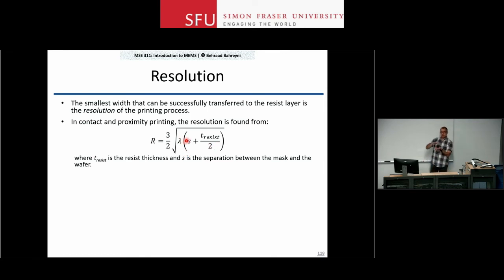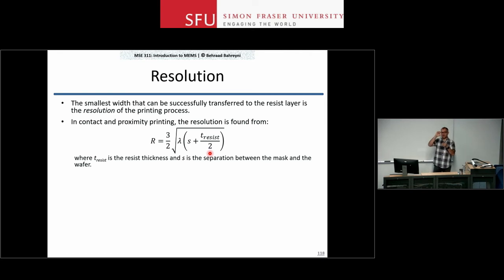S is the separation between the mask and photoresist layer. So if it is contact printing, you set S to 0. If it is proximity printing, you put it to whatever that separation is. And T resist over 2 is the thickness of the photoresist that you have divided by 2. And that 2 here is representing the refractive index of the photoresist.